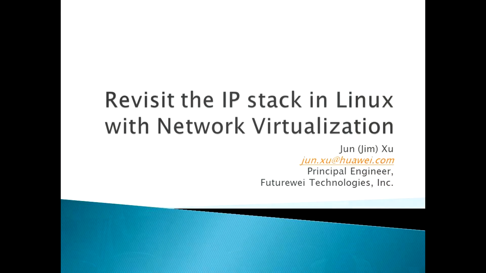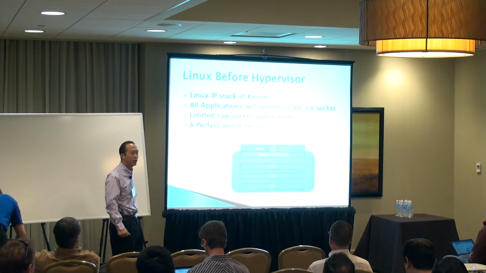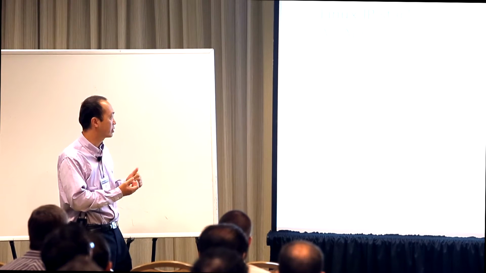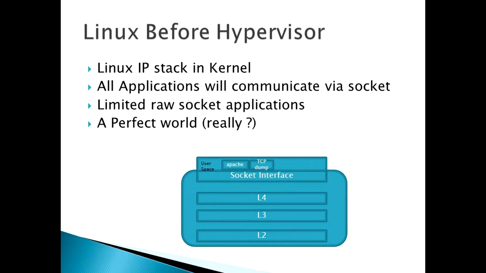Before we move on to the details of the context, I would like to see what happens in Linux before we move on to hypervisors. In the Linux domain, there are a lot of things in the kernel. We know there are L2, L3, and upper layer socket interfaces. In layer 2, we typically have drivers and MAC layer bridge functions, and the L3 iptables and other functions move up to L4.